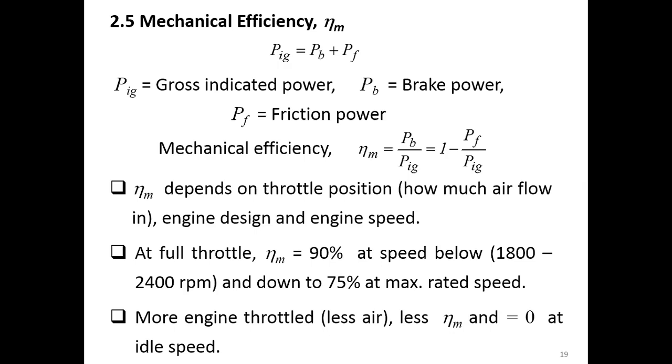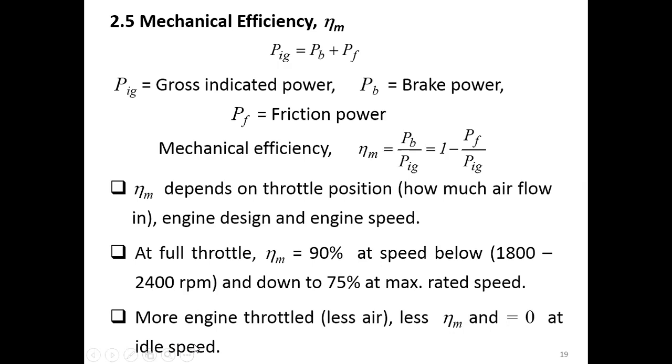It becomes zero because if you look at the definitions, when you run the engine at idle speed, does the engine move? No, the engine does not move. The car does not move.